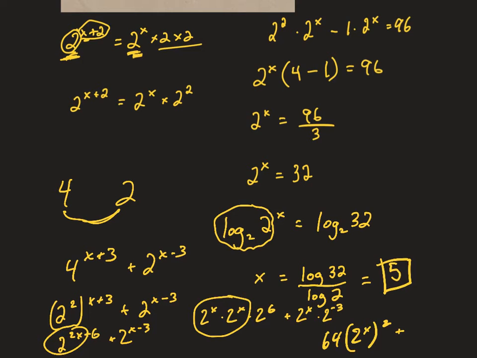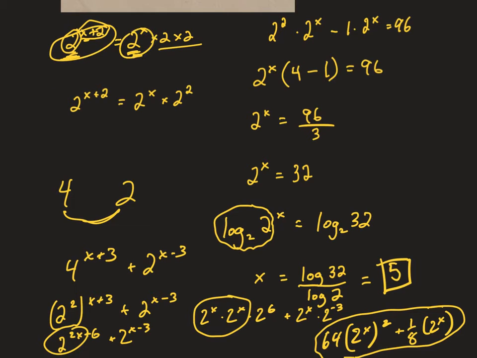Plus, this is 1/8 times 2 to the x. Right, so you could do stuff like this, and then you get yourself a quadratic here, and there's a lot of things like that. So these are the sort of things you want to look out for. You really have to know your exponent laws and try to get something common in all your terms. Okay, I hope that helped.